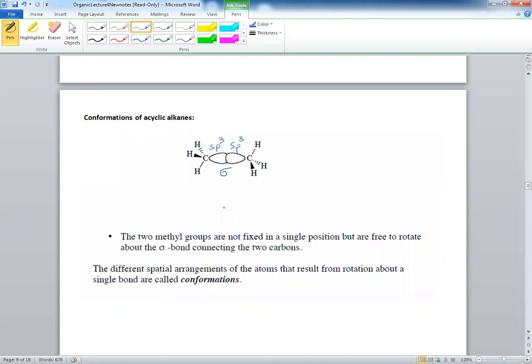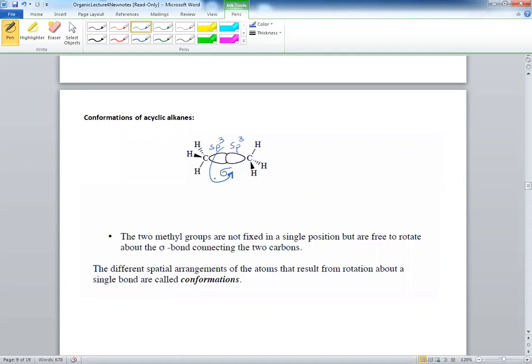The one thing we need to remember is that this bond right here rotates. So you see this arrow right here. This indicates that this bond rotates, and it's rotating at room temperature all the time. Well, it's not without consequences.